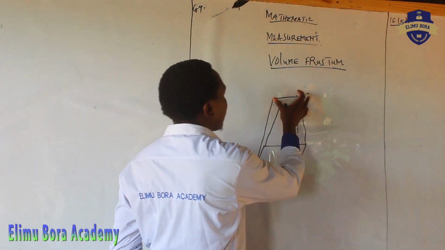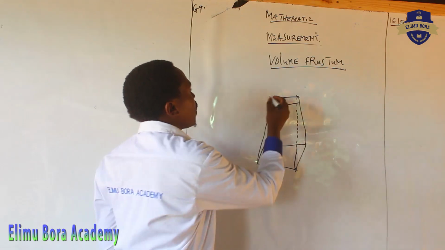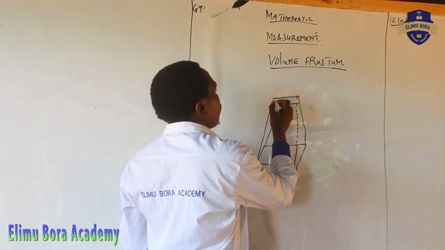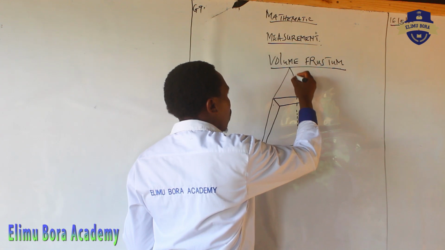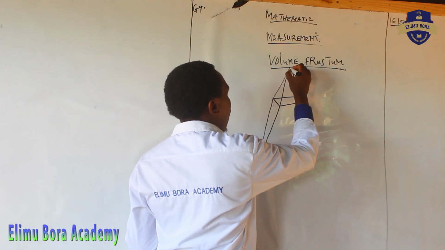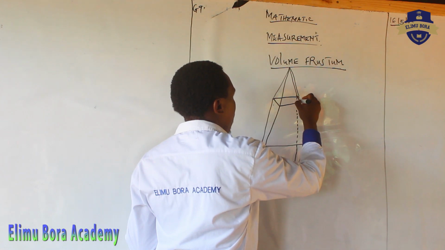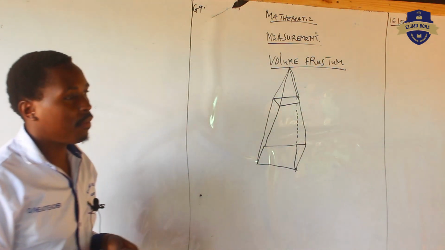So then maybe it is a chopped one. When it's like that, it has been chopped. So let's try to extend it so that we can see which shape will be given out when it is not chopped. So that's an example of the Frustum.